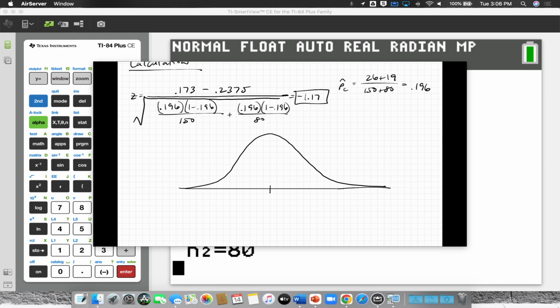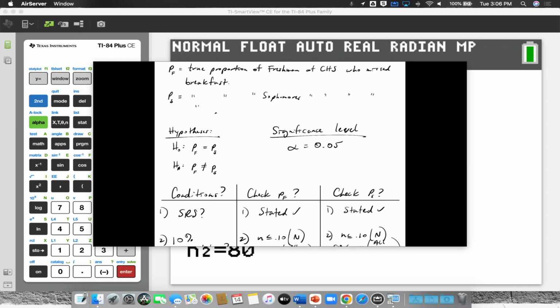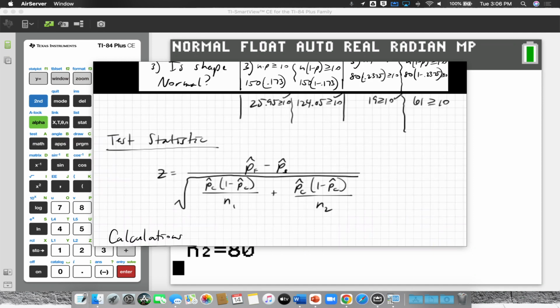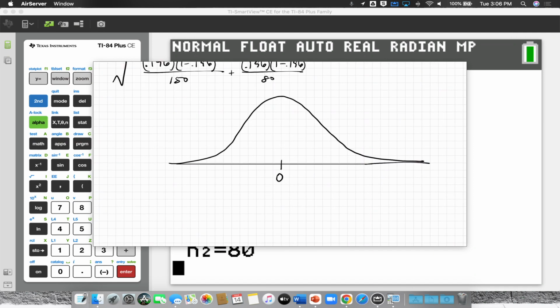It's the claim. What was the claim? They're equal to each other. And if they're equal to each other, what's the difference? 0. That's the center. Zero will always be the center for any two samples.